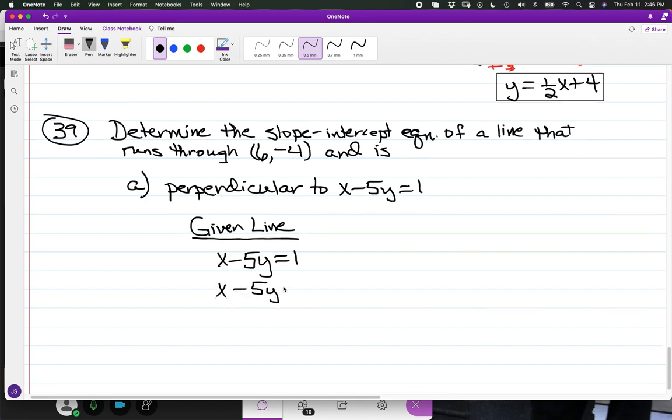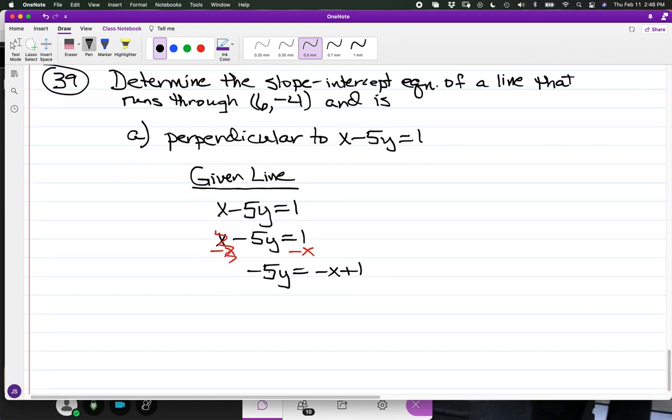Upon taking x away from both sides, we have negative 5y is equal to negative x plus 1, and we divide by negative 5.